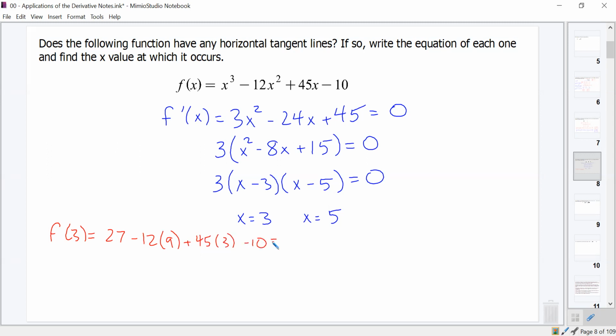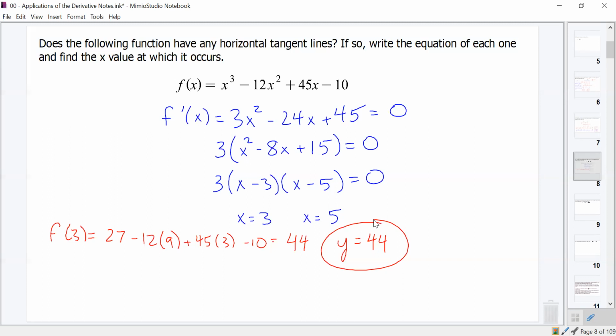And if we go through all of that, 27 minus 108 is negative 81. Add 3 times 45 to that. 3 times 45 is 135. And then subtract 10, you end up with 44. So we get y equals 44.